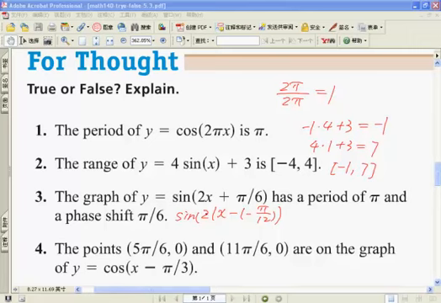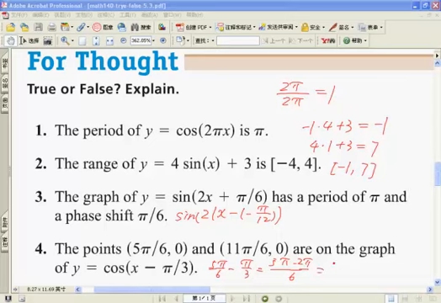Actually, you may just plug 5 pi over 6 into this cosine function to see if you get 0, right? So let's do this. 5 pi over 6 minus pi over 3 is equal to 5 pi minus 2 pi over 6.